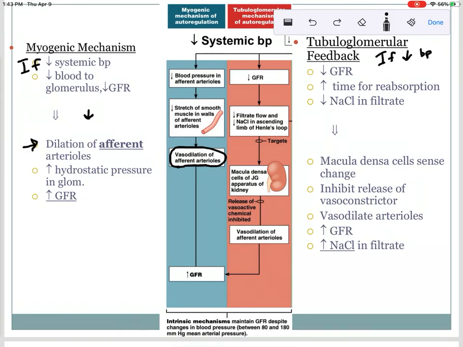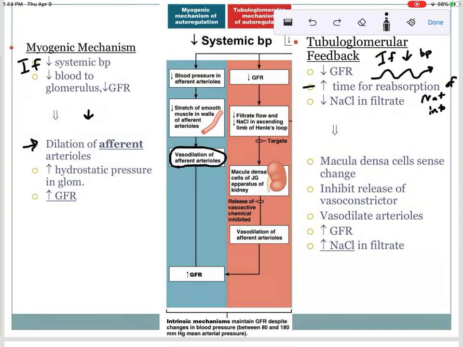As we said before, if our filtrate moves too slowly through the tubules, too much is reabsorbed. So we have more time for reabsorption. And if we reabsorb more sodium into the bloodstream, that's what this means, more time for reabsorption of sodium into blood.